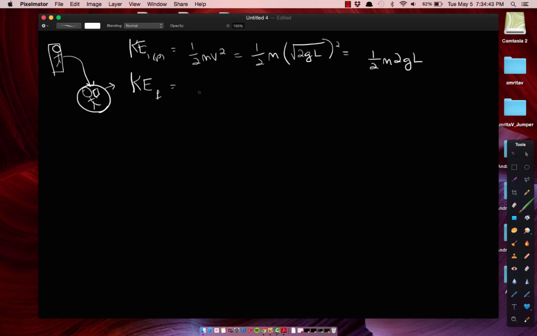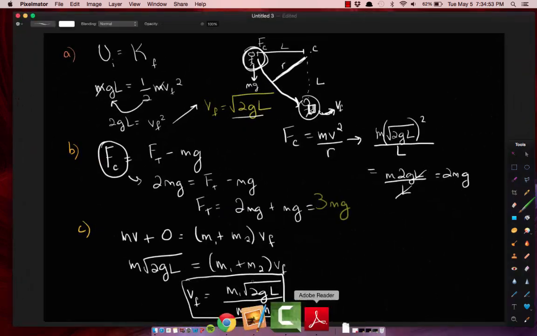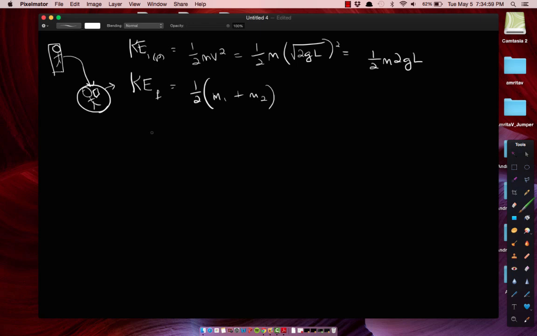So it's equal to 1/2 times the total mass, m1 plus m2, times that final velocity we solved in part C using conservation of momentum, this big quantity, squared.